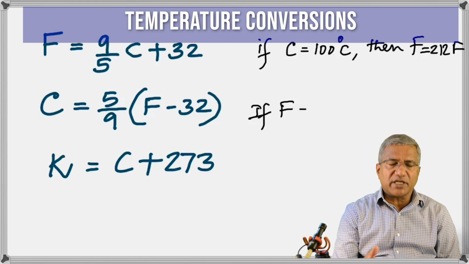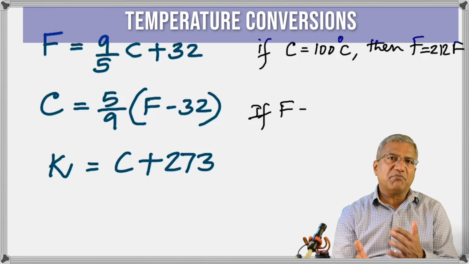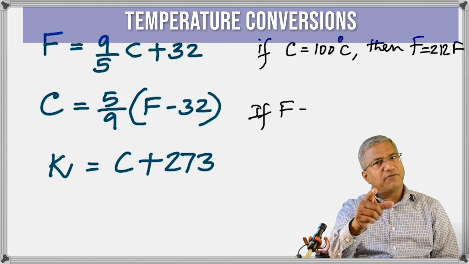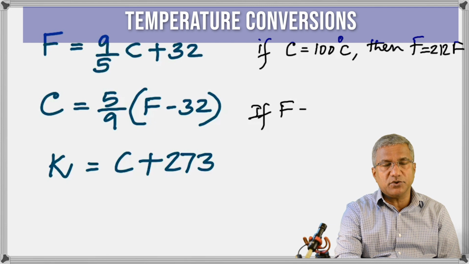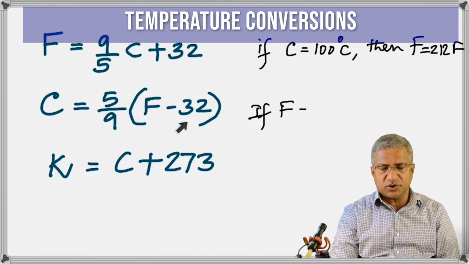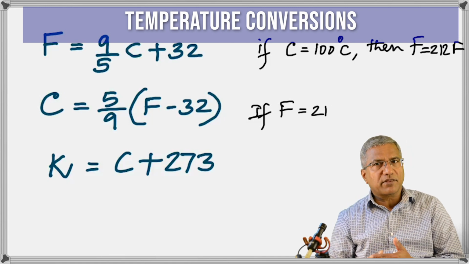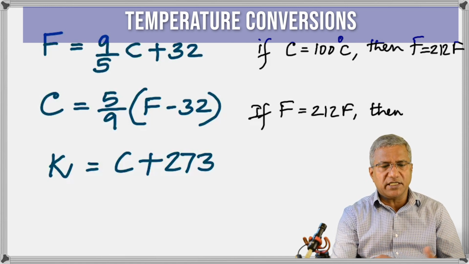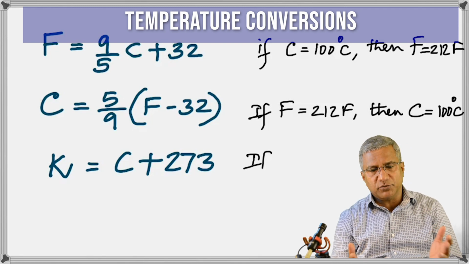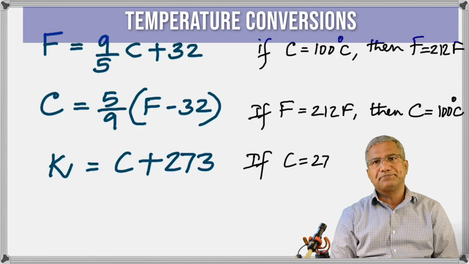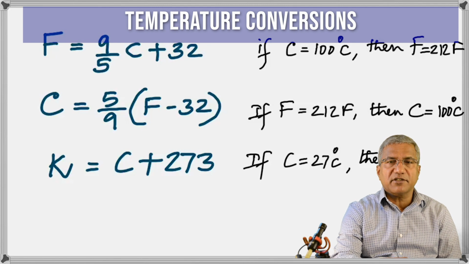But if you're changing 212 back into Celsius, the very important thing is do not forget, first you have to subtract 32. So 212 minus 32 makes 180, then multiply by 5, divide by 9, and you get 100 degrees Celsius. That's a big difference here.